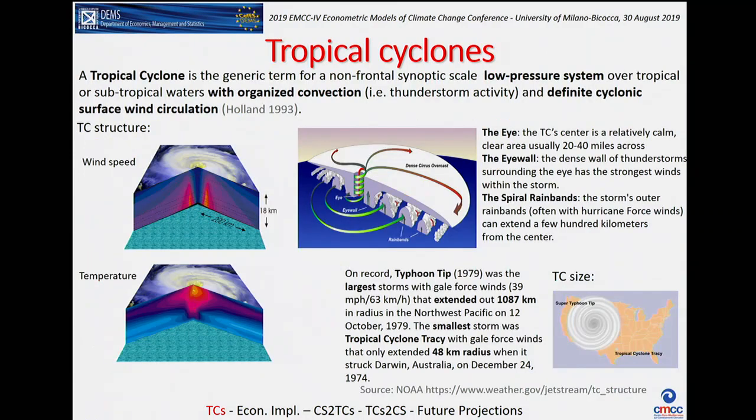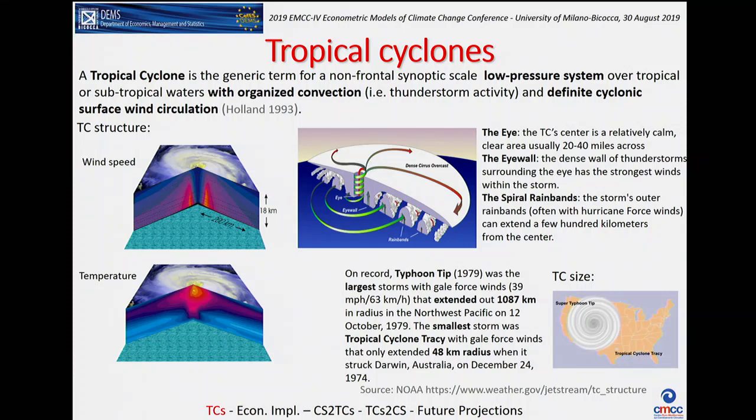This is the schematic representation of the tropical cyclone itself. In the upper left panel, you see the wind speed vertical section. You can see that the maximum values are expected close to the surface. And if you take a look at the same scheme, but for the temperature, you can see the very well-known warm core in the upper level of the atmosphere.